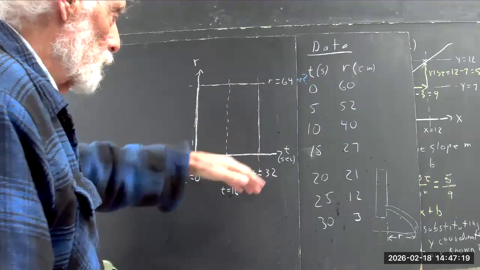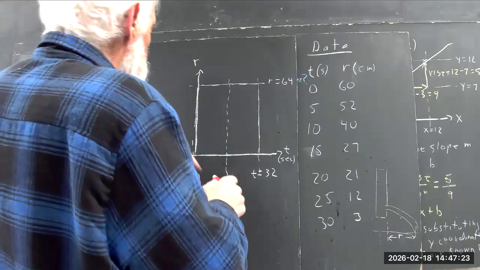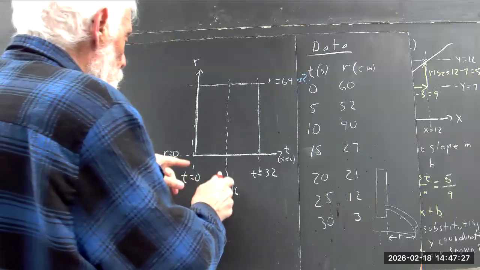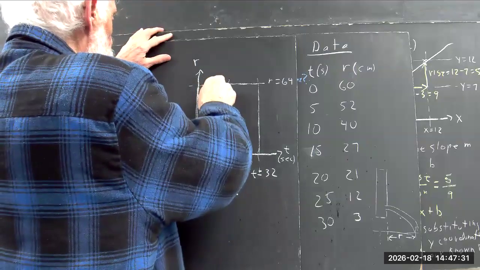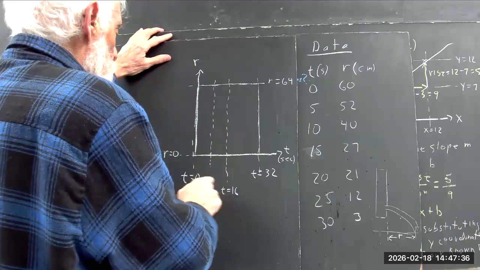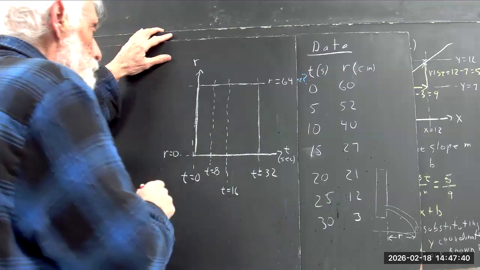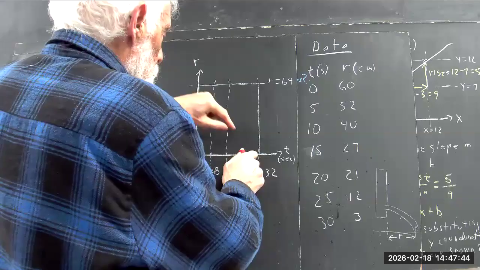You're not going to be tested over this in the intermediate algebra class, at least. But there we get t equals 16. Then halfway between t equals 0 and 16 is right about here. So we sketch a vertical line. And halfway between 0 and 16 is 8. Now, halfway between 16 and 32 would be about here.